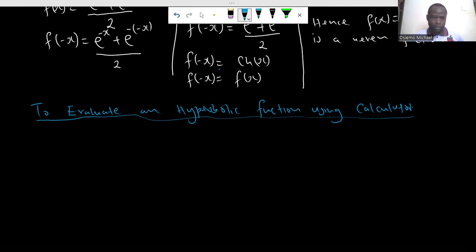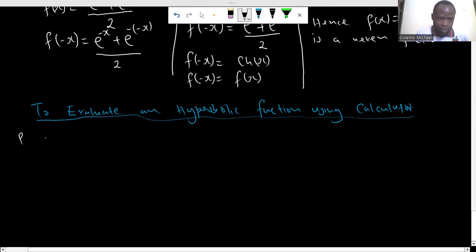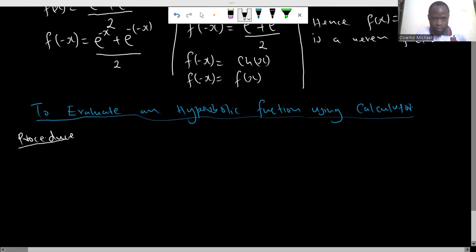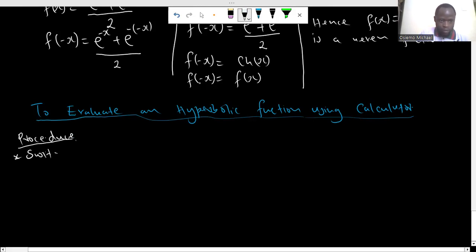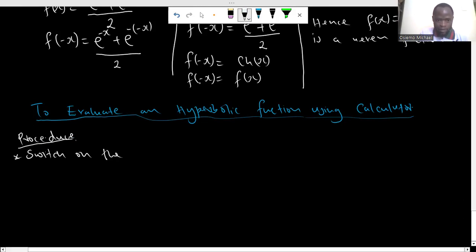So you can write a small procedure on how we evaluate using a calculator. Procedure: you switch on your calculator first. Switch on the calculator.